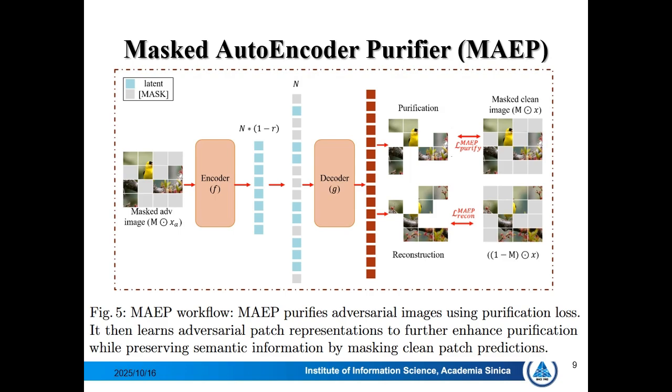The second one is the reconstruction loss, designed to preserve semantic content and visual quality. This loss helps maintain consistency between the purified image and the original clean image, thereby reducing the discrepancy between the classifier and the purifier. Together, these two objectives enable MAP to achieve both robust purification and high-fidelity image reconstruction.